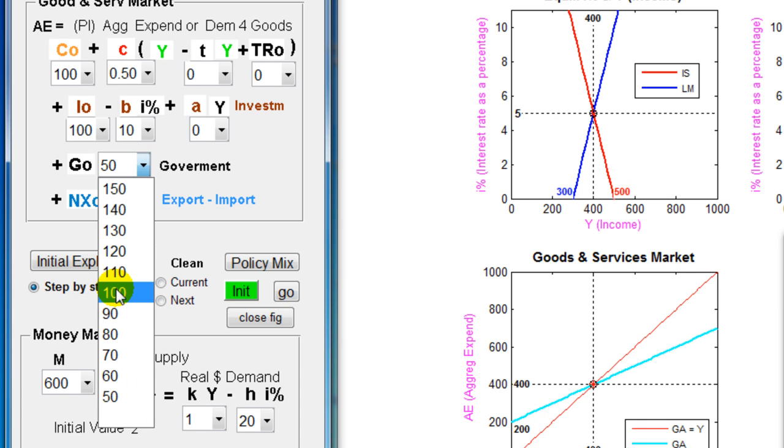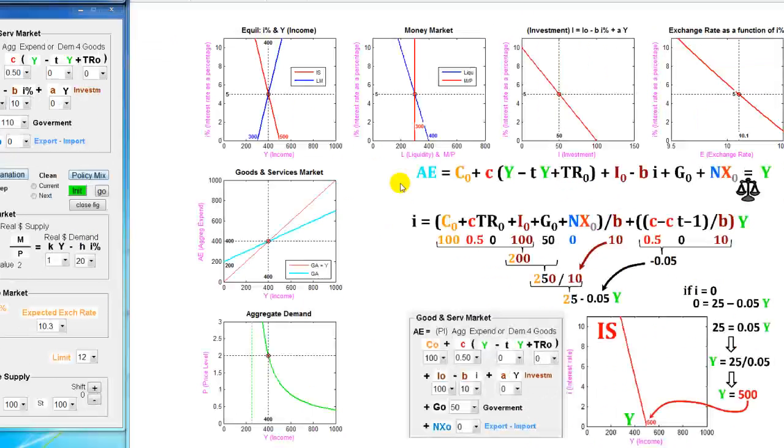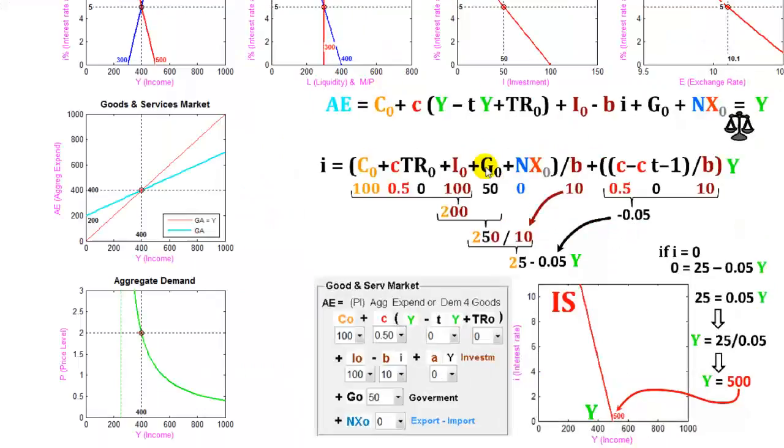to 110. So the first thing that we can see here is that when the original G0 was 50, we had an intercept of 25 in the vertical axis, so it's going to be about here.